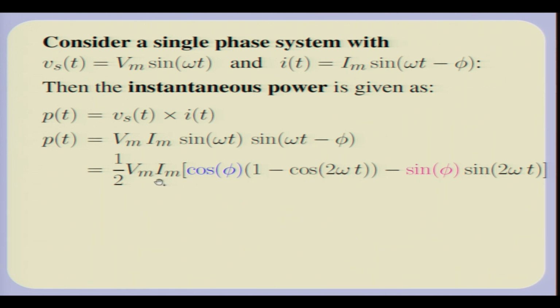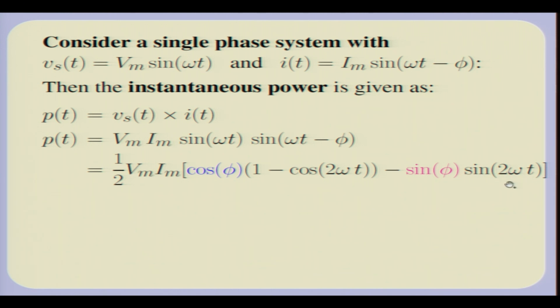What you can see is that there is one expression which is multiplied by cos phi, and the other one is multiplied by sin phi. The first term, cos phi into (1 minus cos 2 omega t), is always greater than 0, whereas the other term has a 0 average.